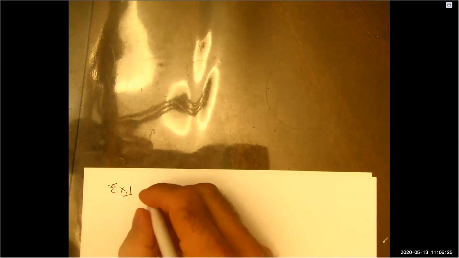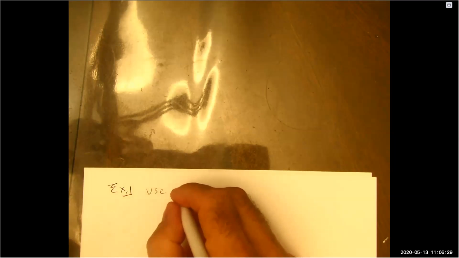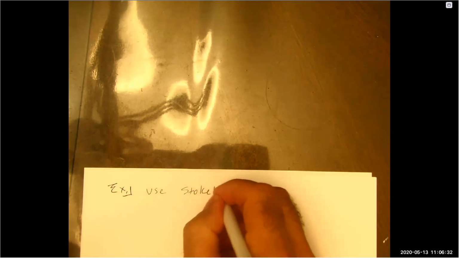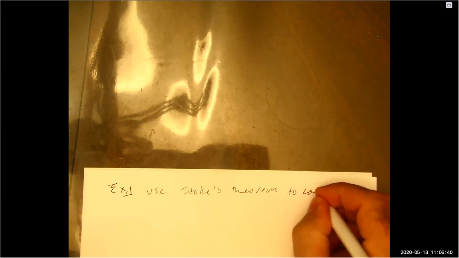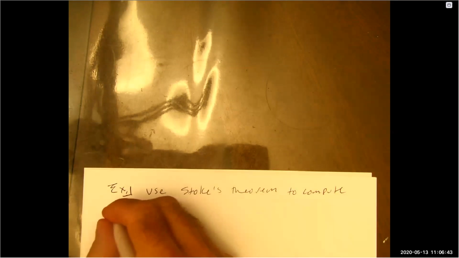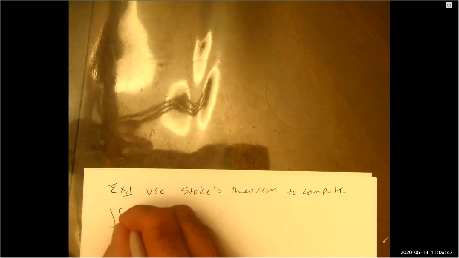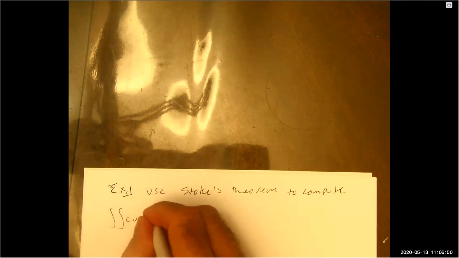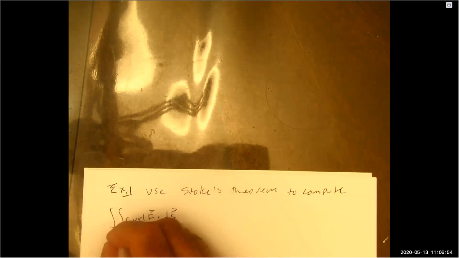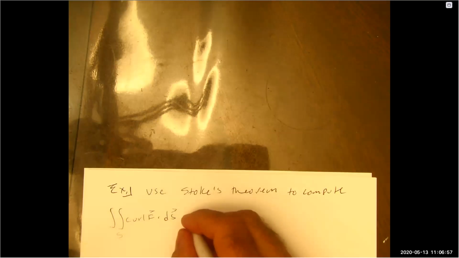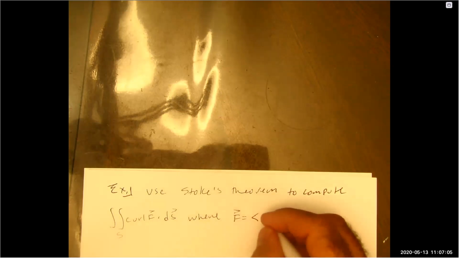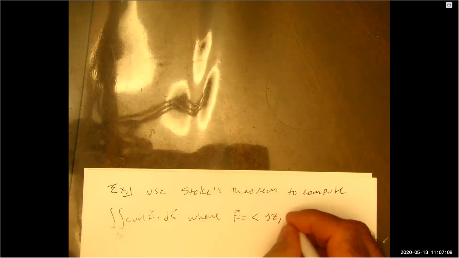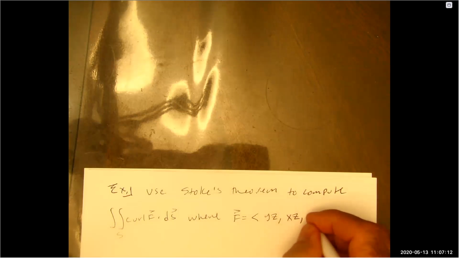All right, so this is our first example today. So we're going to use Stokes' theorem to compute the surface integral where F, the vector field, is YZ, XZ, and XY.